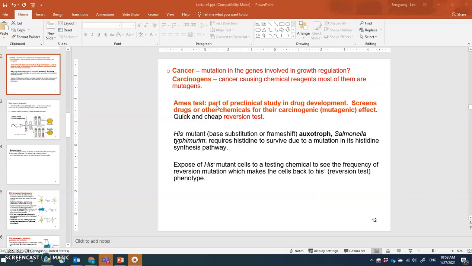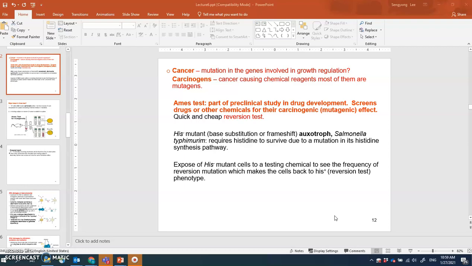You expose those bacterial cell lines to the product, whether a cosmetic or a drug, and then measure the mutation rate of the exposed cells to see if they have a higher mutation rate. Actually what you count is the reversion rate, the secondary mutation rate. I'm going to explain how the Ames test works.